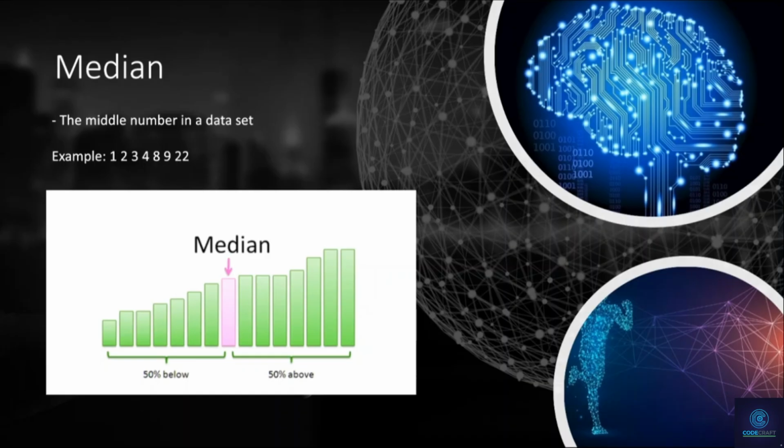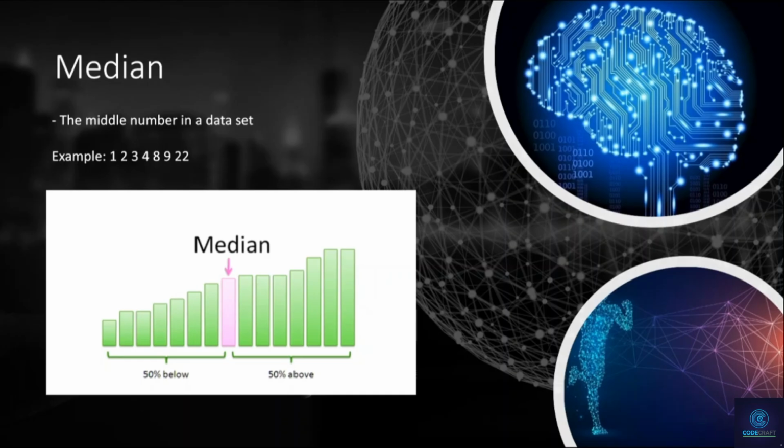Here, as you can see, it's a perfect representation of it. Right here we have a data set and the median will be right there because this is the number that is in the center. Each time we have a number in the center, no matter how big the data set is, this is the median.